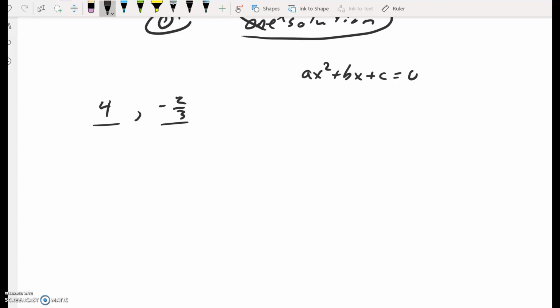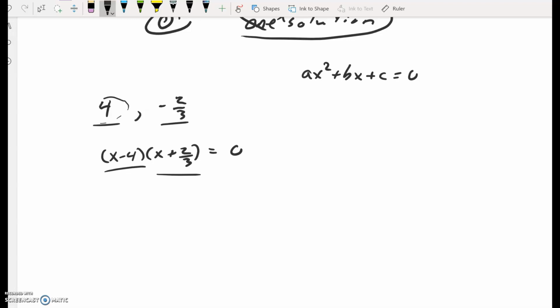Can we figure out what that quadratic equation might look like? Let's try it. We're going to use the zero product rule. So I'm imagining this. If this times this is 0, then one of these two things has to be 0.